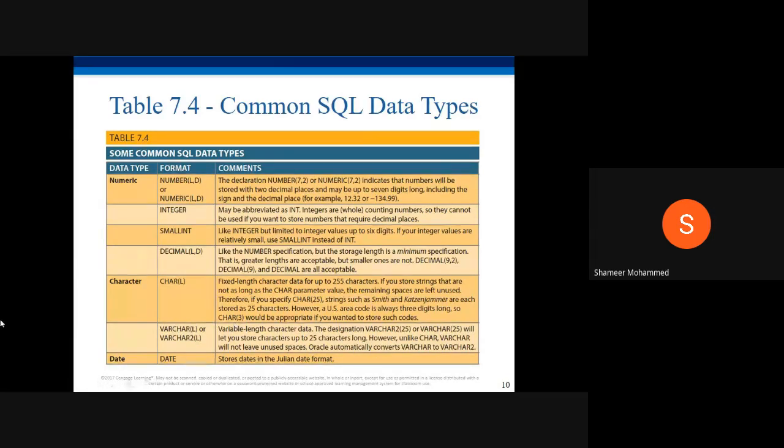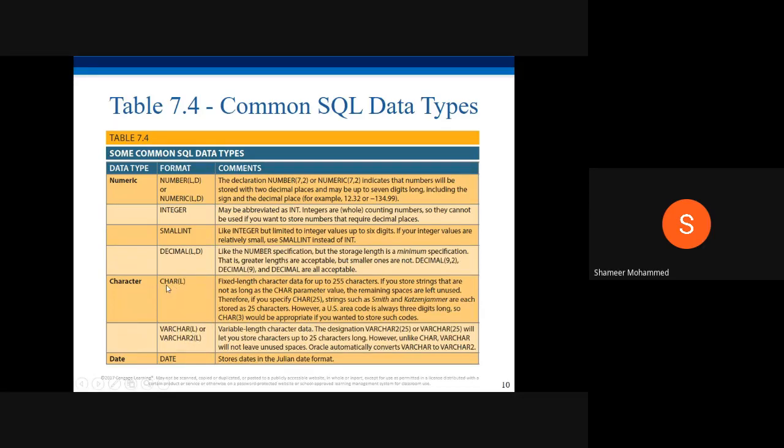Varchar, if you write, will store only up to 25 characters, like ABCD. If you have a very big name to store, then you can use the varchar2 data type.